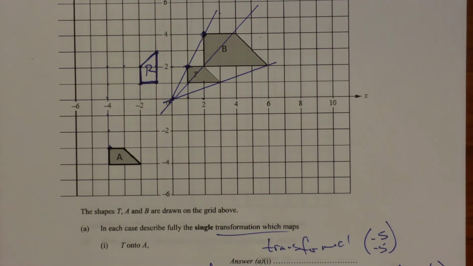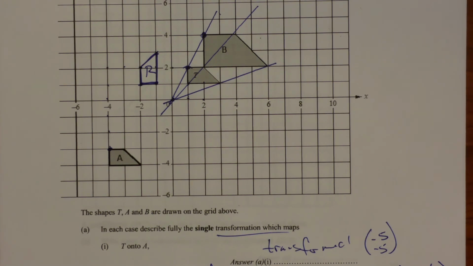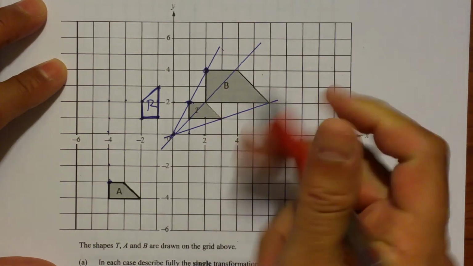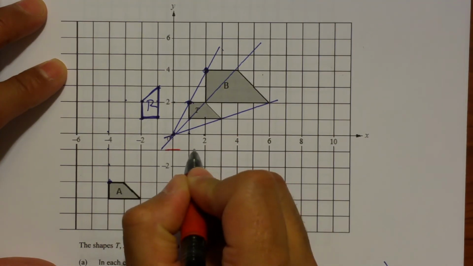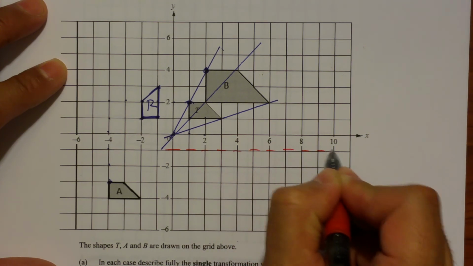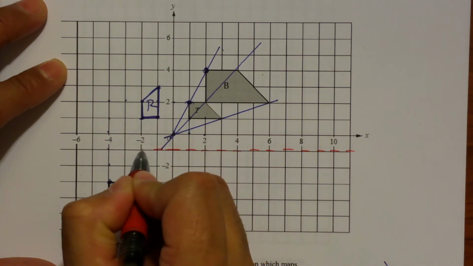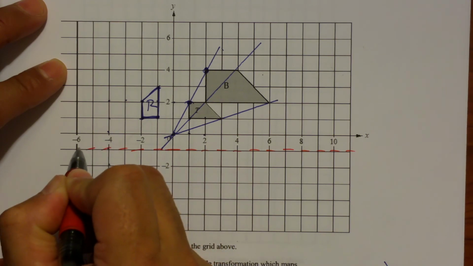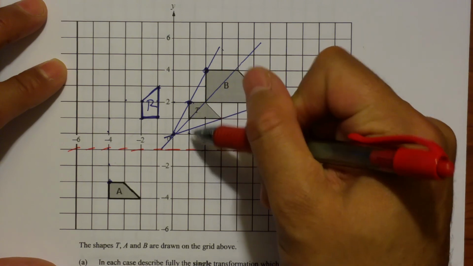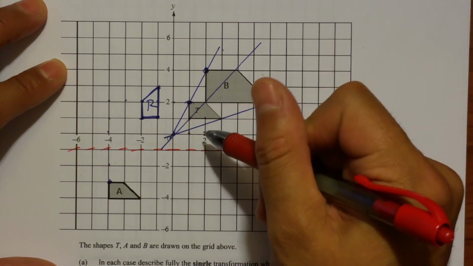And now this next one says, draw the grid reflected of T in the line y equals -1. So now let's go ahead and find y equals -1. Here's the y value. Here's where -1 is. So there is going to be my line that I'm reflecting across right there. So I'm going to reflect this. From right here, this is 2 up from my line, so I go 2 down.